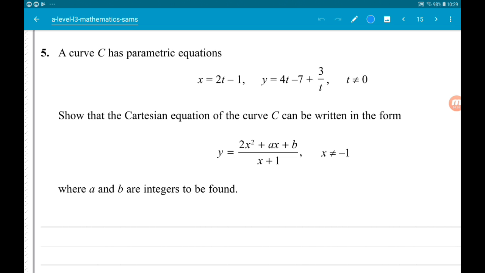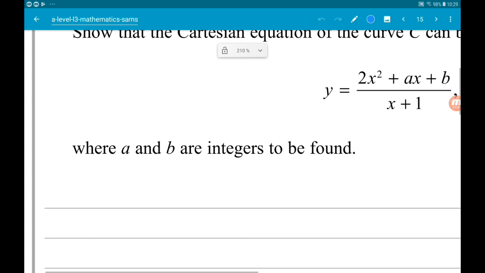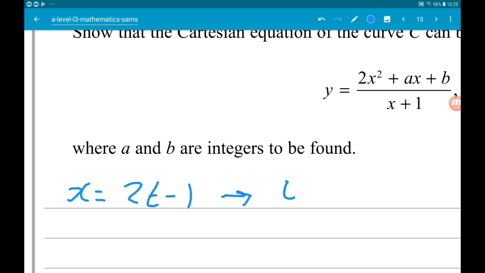So if x is equal to 2t minus 1, we can rearrange that to get that t equals x add 1 over 2.